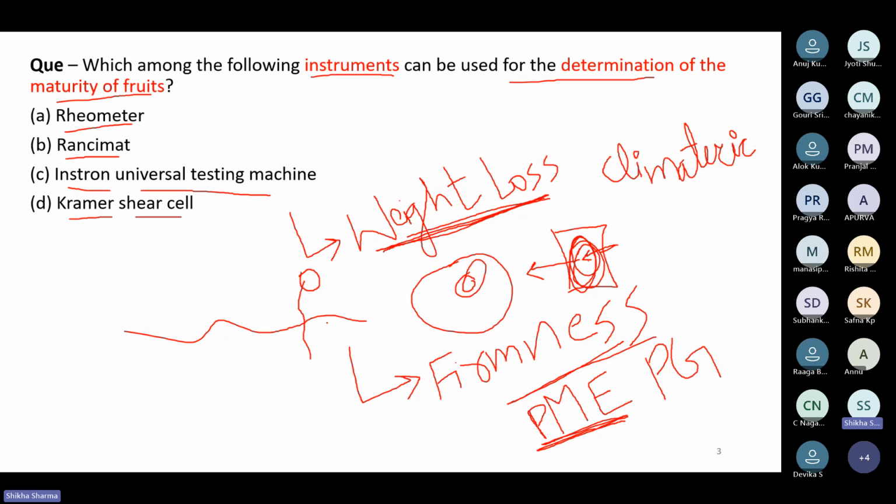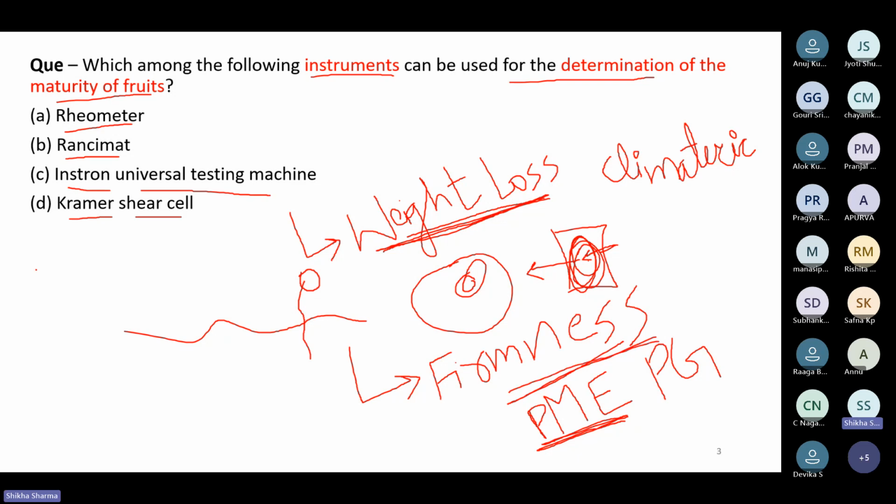Because of that, the pectin molecule starts to lose its integrity. So the cell wall integrity becomes loose, the fruit becomes softer, and the firmness decreases as we store the fruit for a longer duration. So the second parameter is firmness.